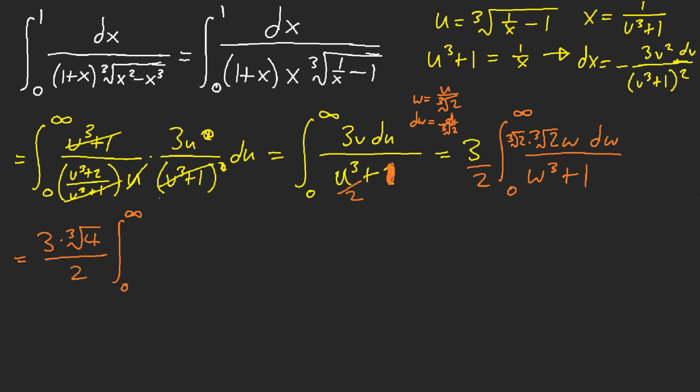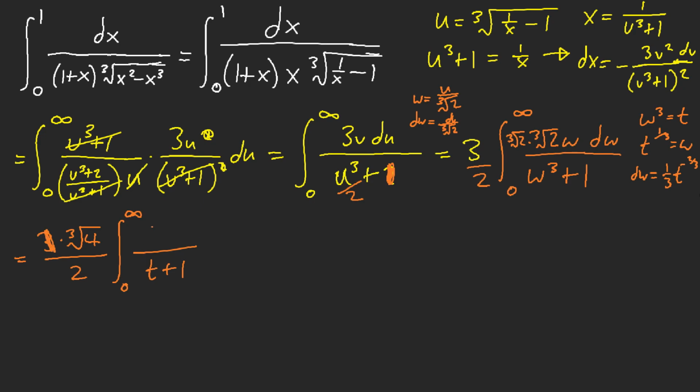From 0 to infinity. And this can become a beta function, right? If we let w cubed equal t, we get t plus 1. We have t to the 1/3 equal to w, and dw is equal to 1/3 t to the negative 2/3. So the 1/3 is going to cancel this out.